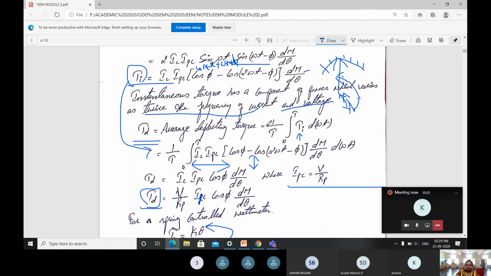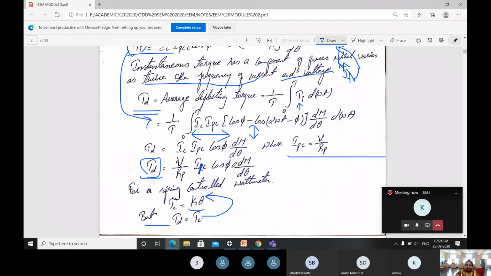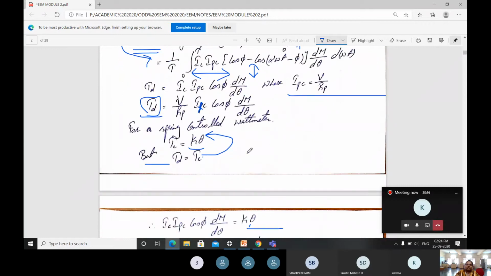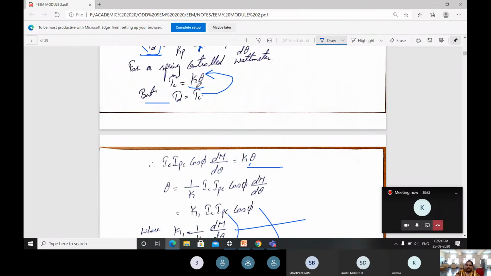TD is going to be 1 by T, integration 0 to T, Ti d omega t. Substitute here and write TD as IC IPC cos phi dM by d theta. Next, equate that to K theta. This K is a constant, the spring constant, and theta is the deflection.